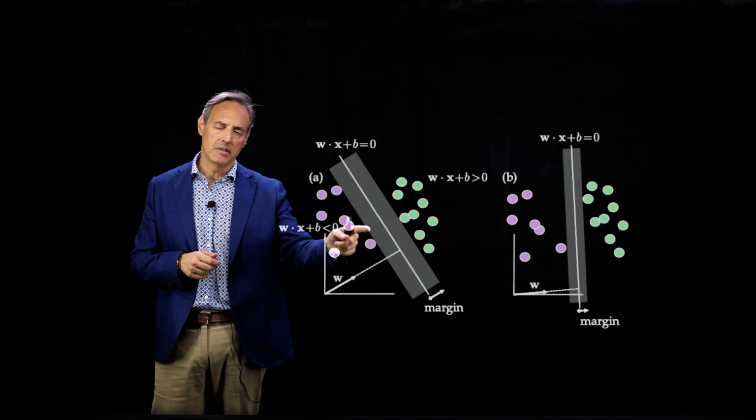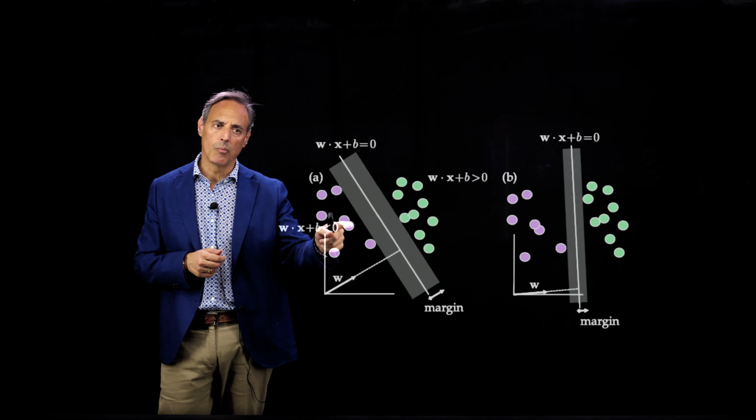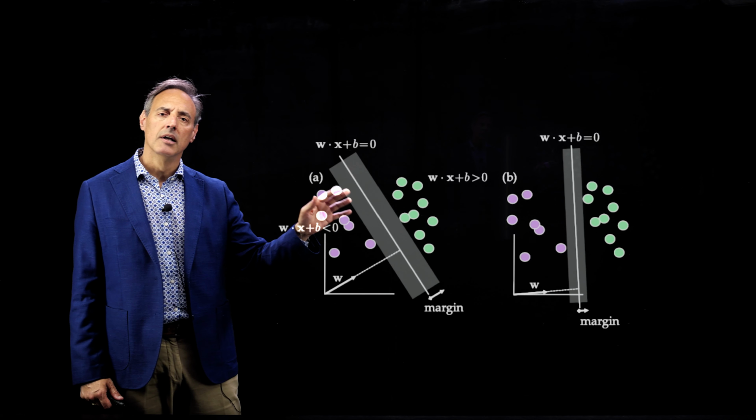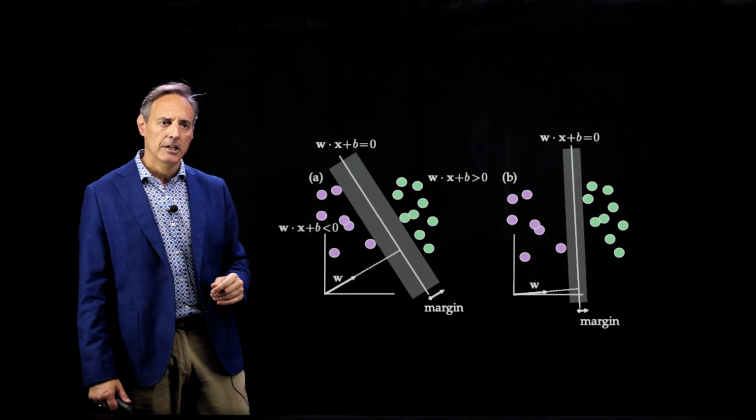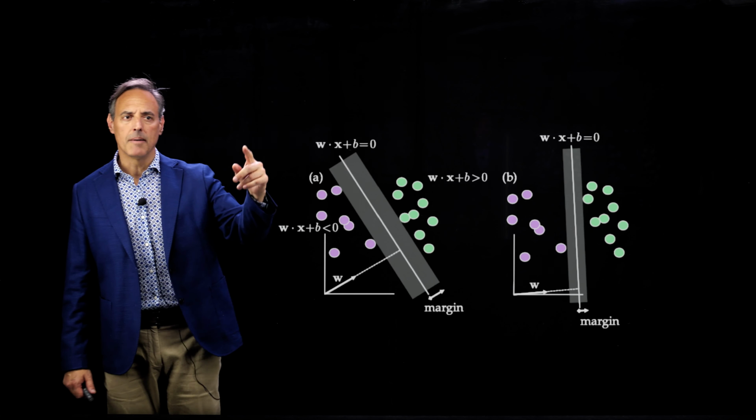So in some sense, this here is what we want, not this here. We want the largest margin, and we're going to set up an optimization algorithm to find this plane right here. So we need to find the vector w, and we need to find the b. That is the goal of the optimization.